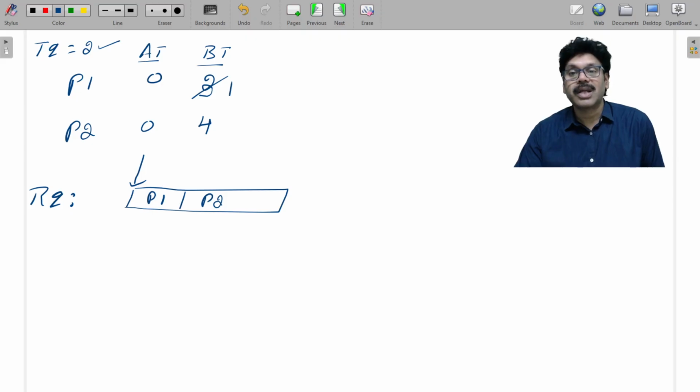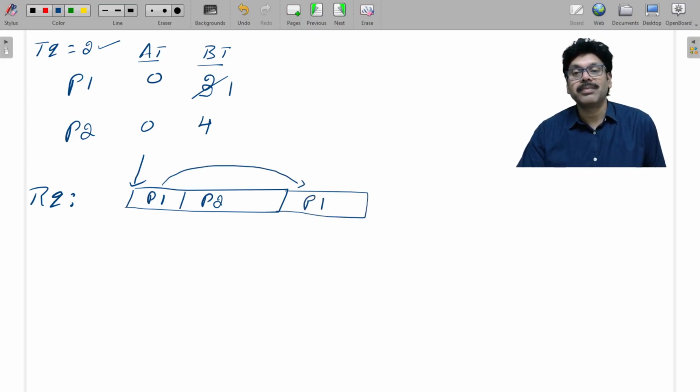Before it gives a chance to P2, it has to go back into the queue because P1 is not completed; it still needs 1 unit of time. The status has changed, the context is changed. Initially the context of P1 was the run state, and right now the context of P1 is the ready state.